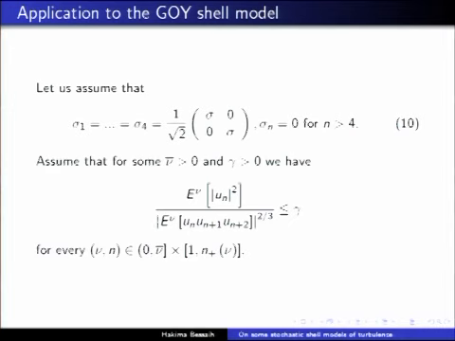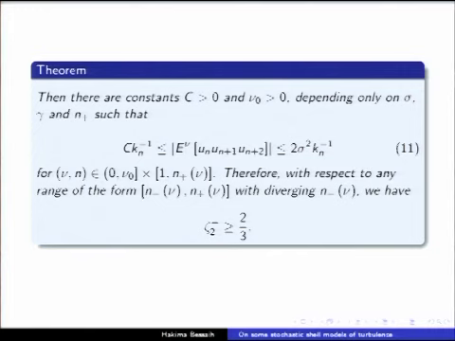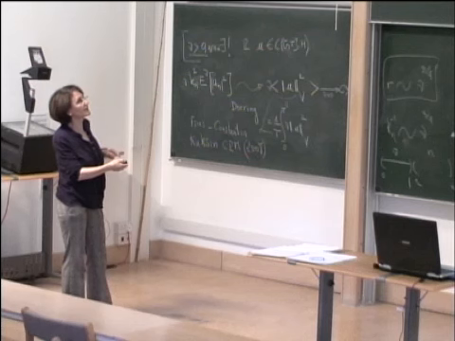I'm going to show you just what I can do and where I cannot do anything. If I assume that I have only, for example, the first 4 modes excited, so sigma_1 to sigma_4 are equal to this quantity, and all the others are 0 for n larger than 4, and if I assume that there exists a mu bar and there exists a gamma such that this quantity is smaller than gamma, then on a certain range, for my goal, I can prove the following.